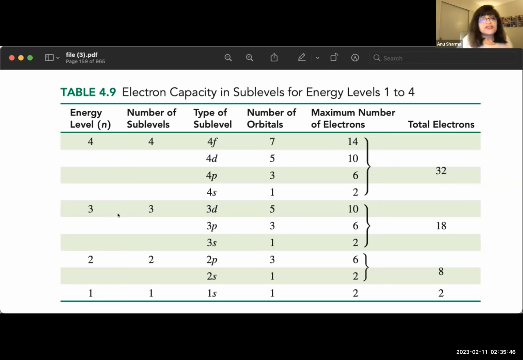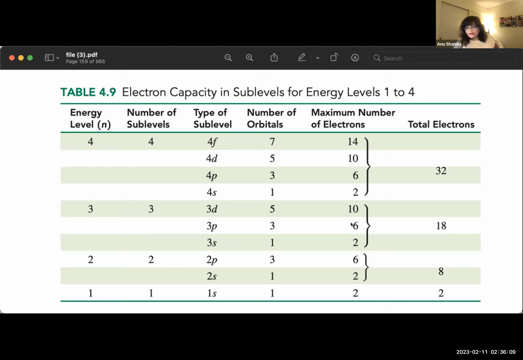Next is when the energy level is 4, how many electrons are there? So total electrons, 32. And then 5d sublevel. In 5d, once again, how many electrons are there? D can hold a maximum of 10, s can hold a maximum of 2, and p can hold a maximum of 6.